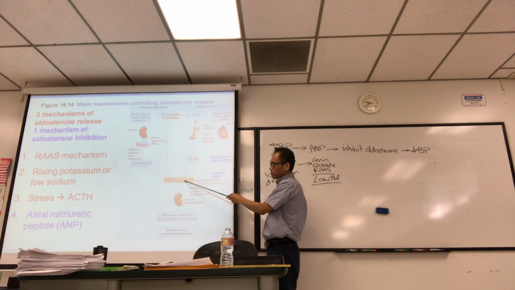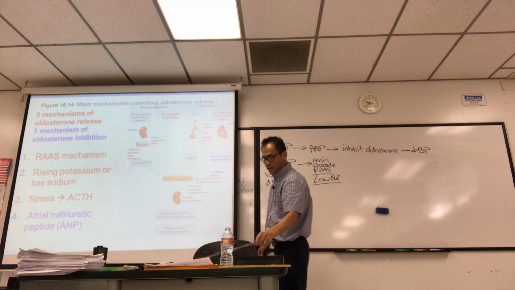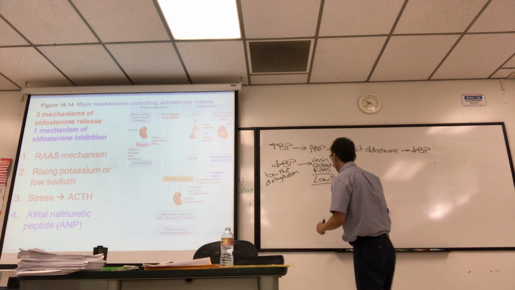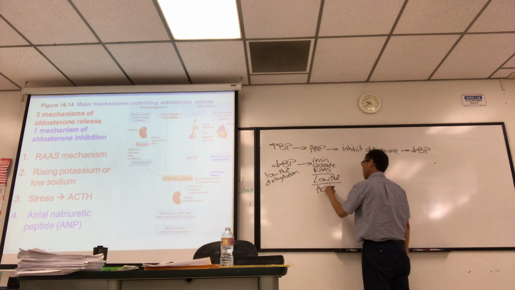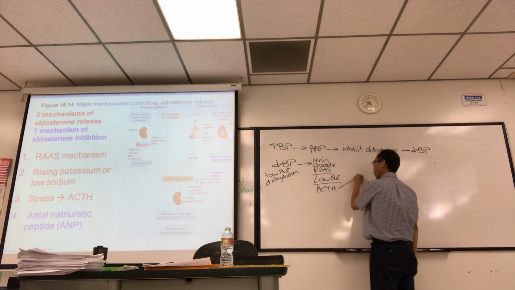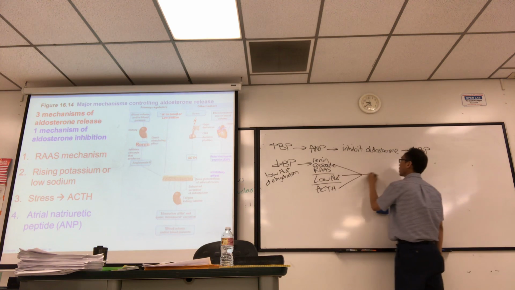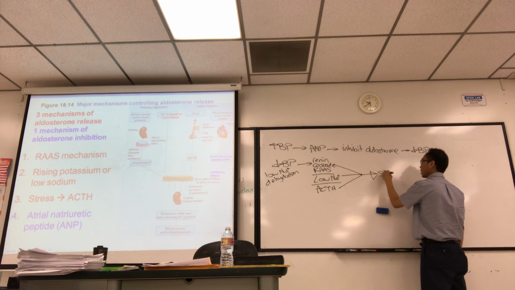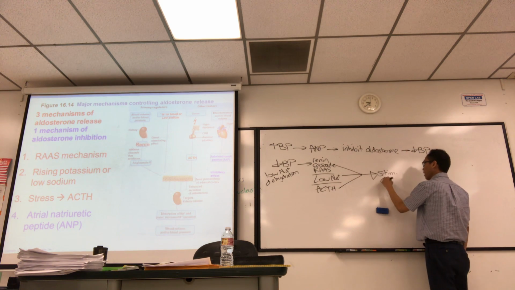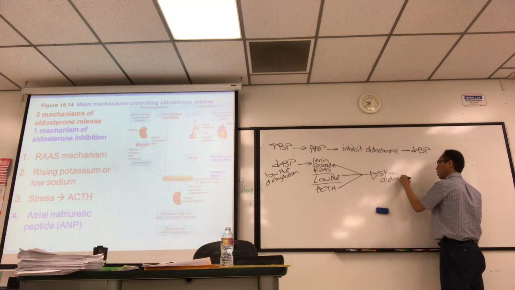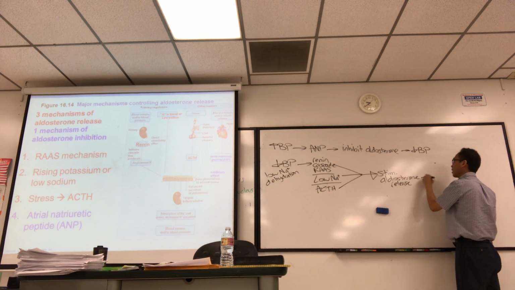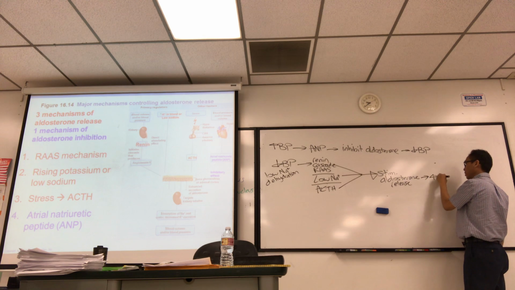CRH, ACTH, right? That whole thing. That can have an effect on its release. ACTH. All three of these things stimulate the release of aldosterone to increase BP.